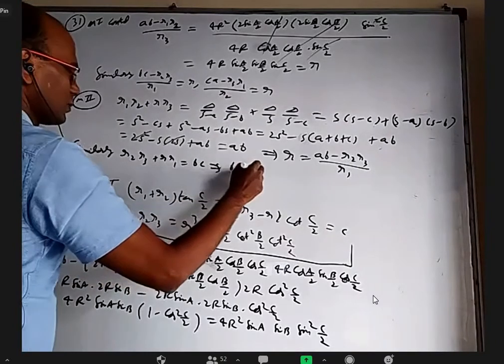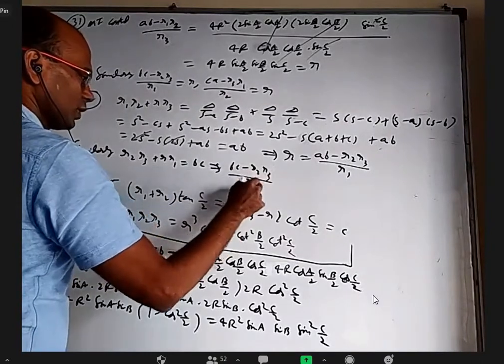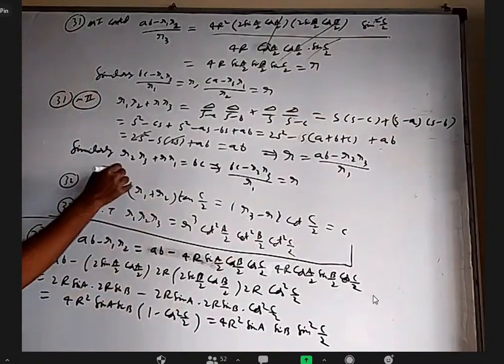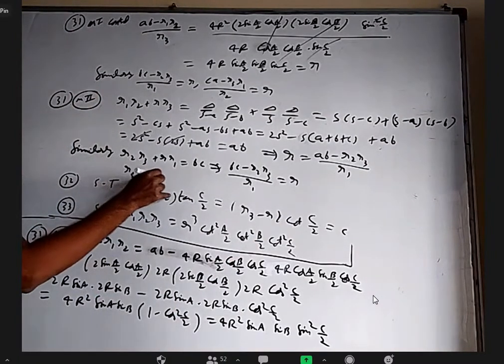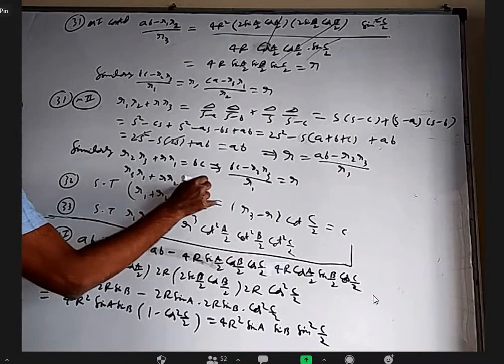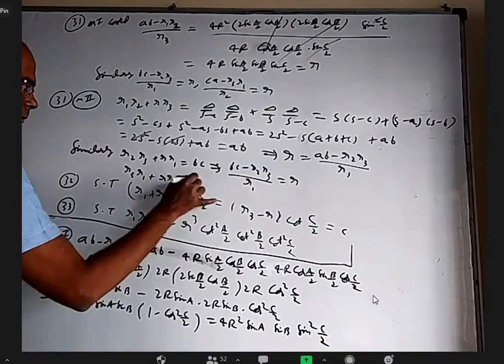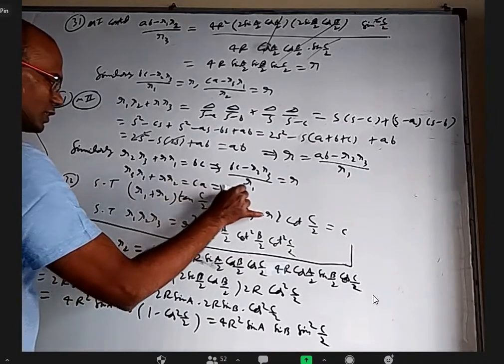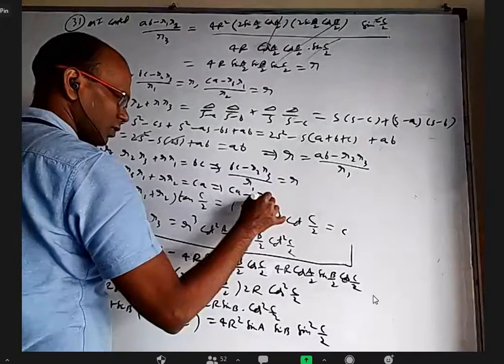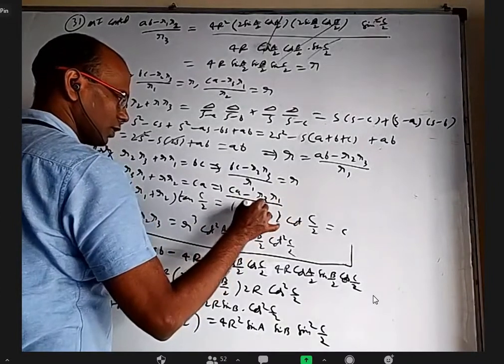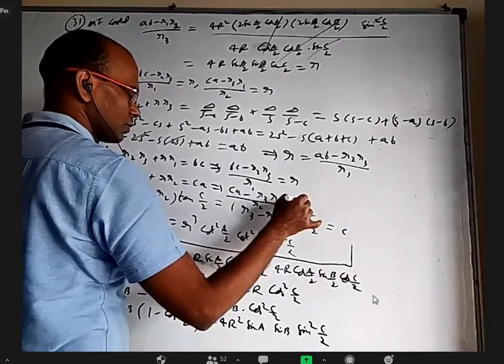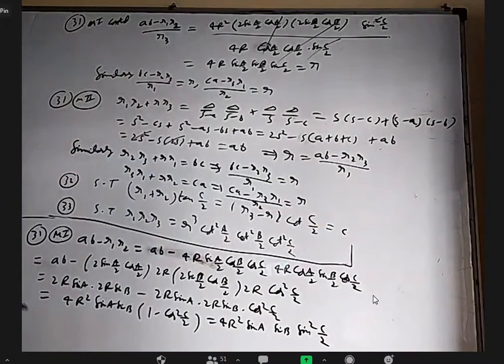So BC minus R2, R3 by R1 is R. And R3, R1 plus R2 is equal to AC or CA. So CA minus R3 R1 by R2 is equal to small r. So we proved all are equal.